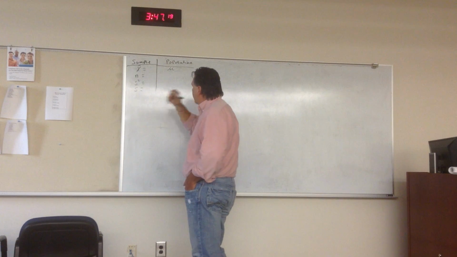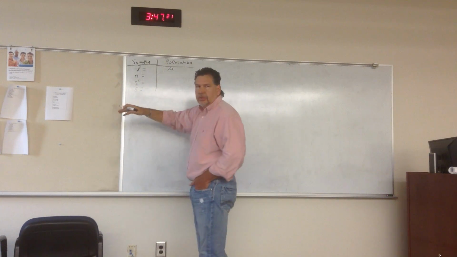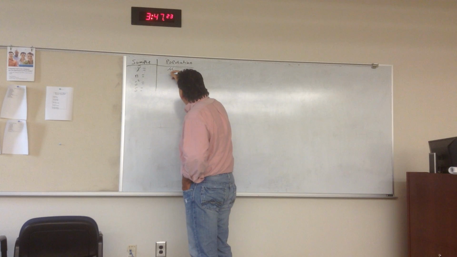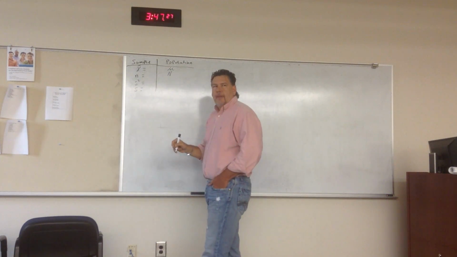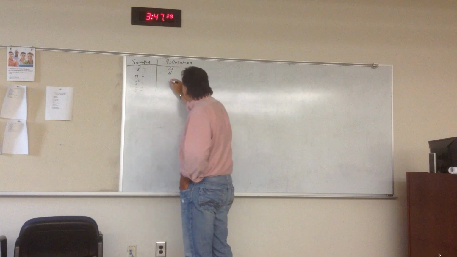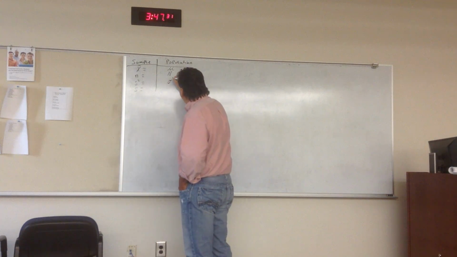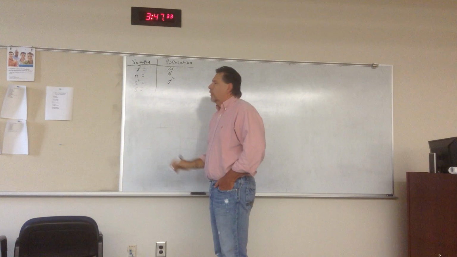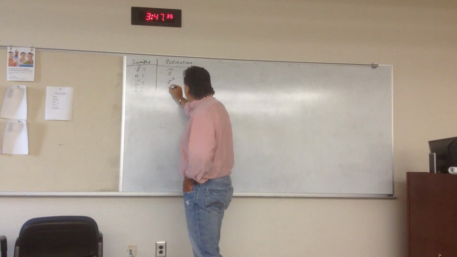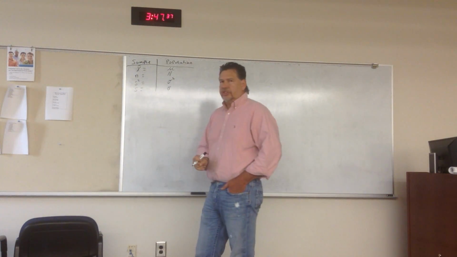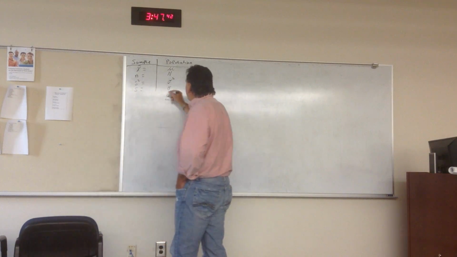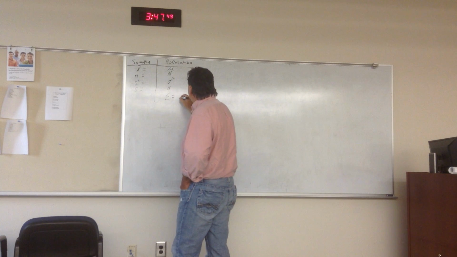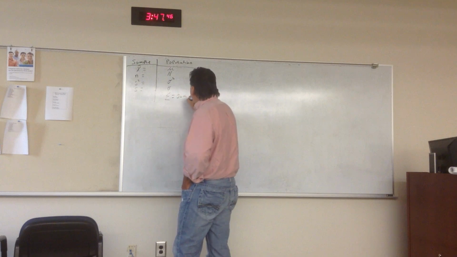And for our population size, we're going to use an uppercase N. For our variance, we're going to use sigma squared. And then for standard deviation, it is sigma. And this is lowercase sigma. Now we will have something called an uppercase sigma, and that's going to equal sum, or add.